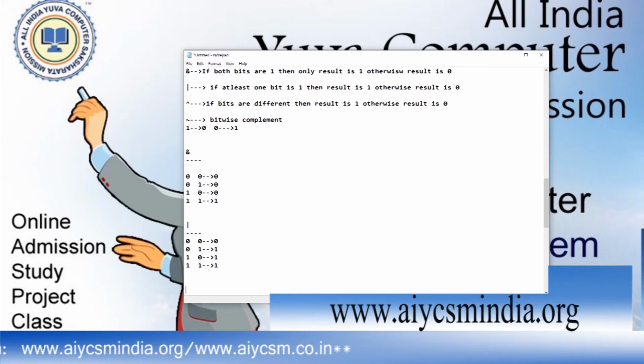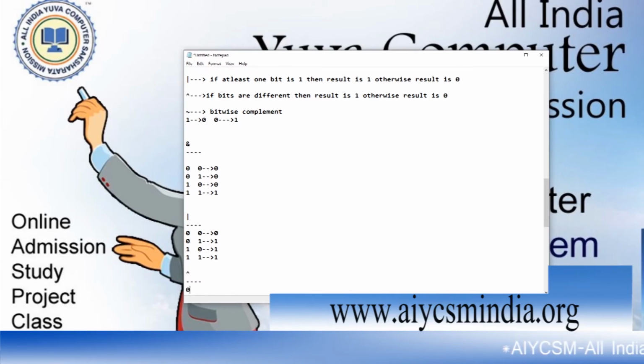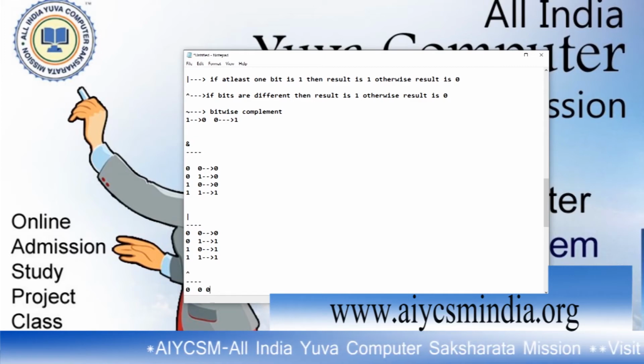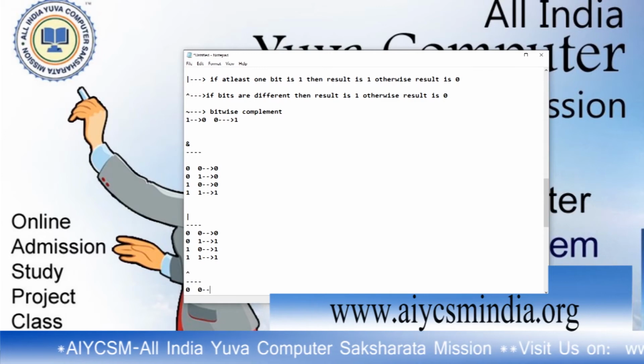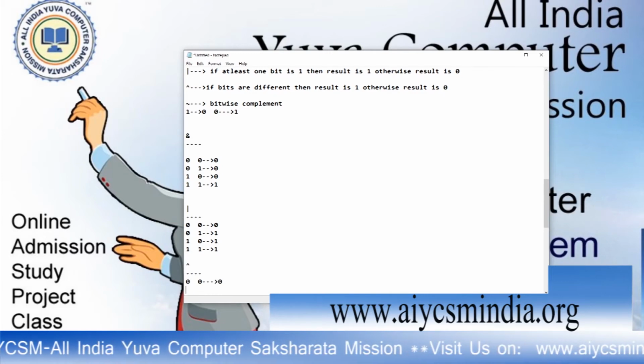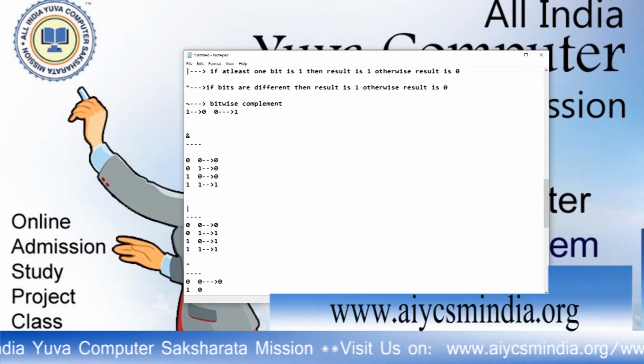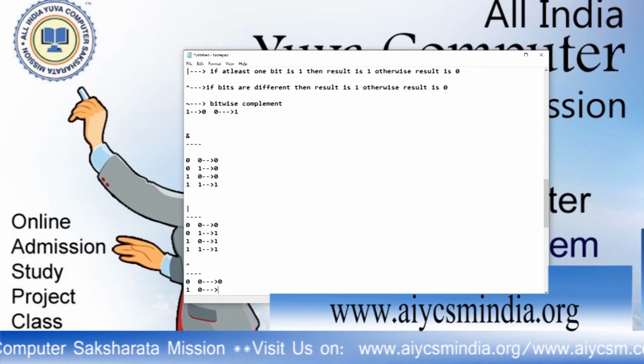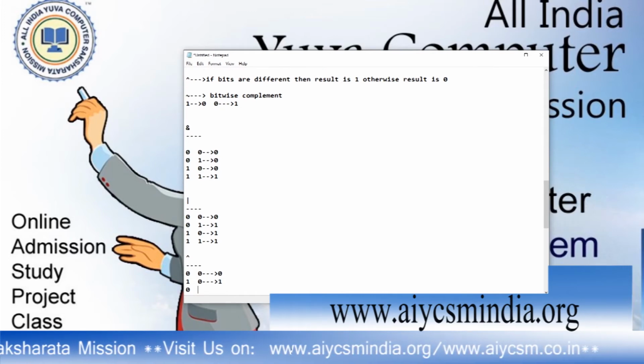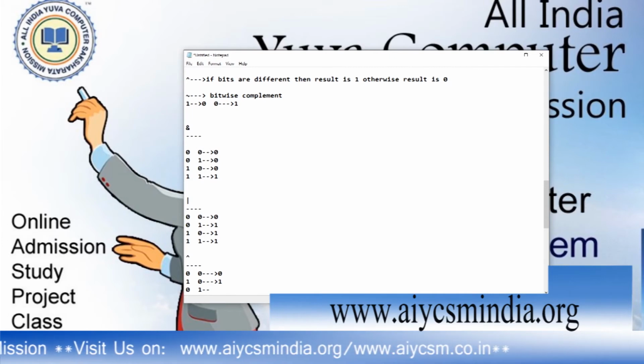And for XOR, if the bits are different, then only the result is 1. If both bits are different, this is 0, this is the different bit, so this is 1, and these bits are different, so this is 1.